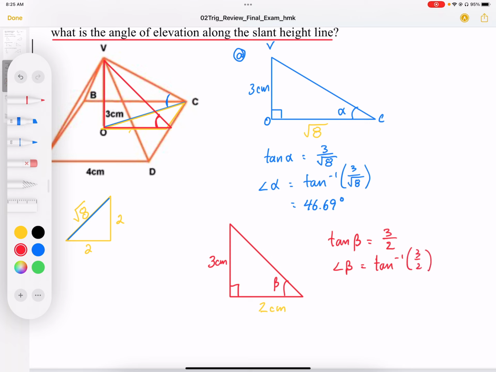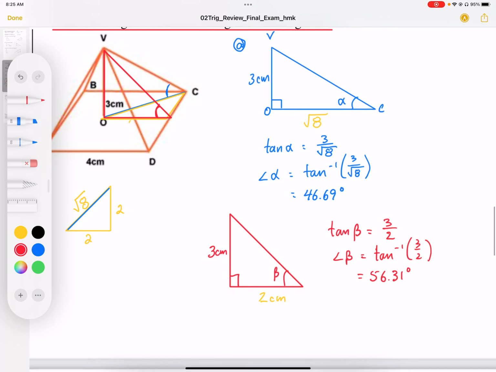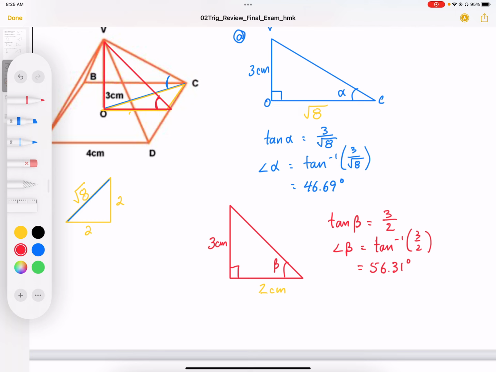And when I inverse that, angle beta works out to be 56.309. So I'm going to round that to 56.31 degrees. Okay, so that angle of elevation made with the slant height line, that red line through the center of the triangle, that angle is going to be 56.31 degrees.